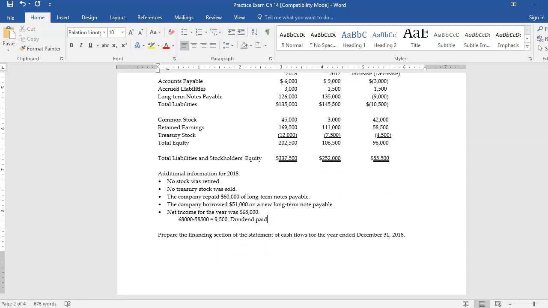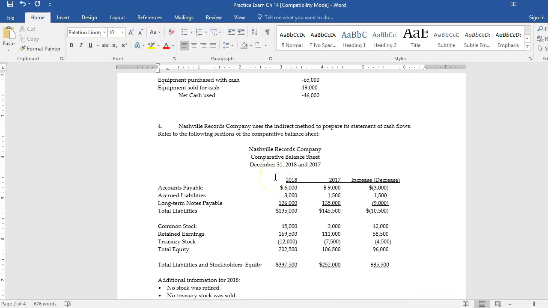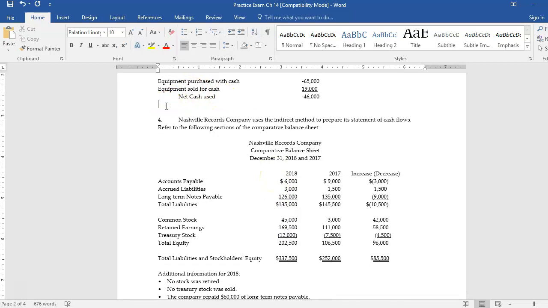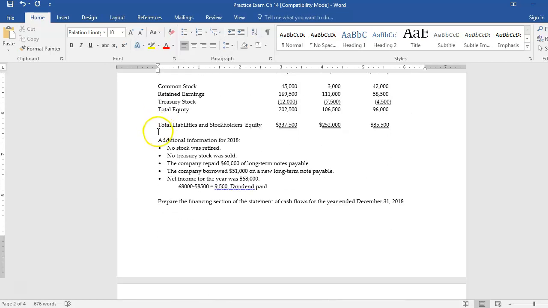All right, and then all they want is the financing section. Let me give me a little more room here because I'm kind of out of room. All right, so the financing section, I'm going to have cash for stock. That's going to be $42,000. Then I'm going to have cash paid on note.